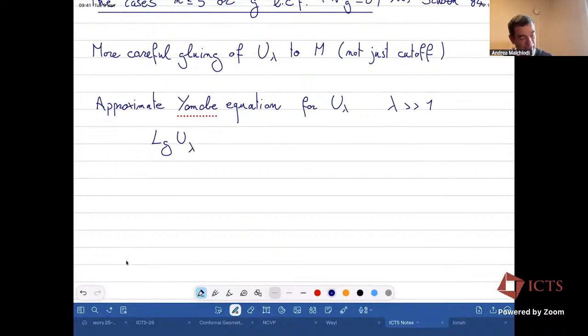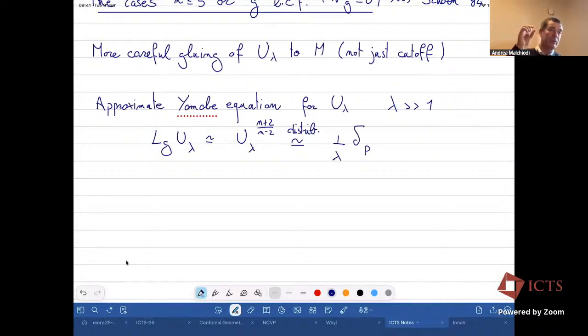Then L_g of u_lambda is close in some sense to u_lambda to the (n+2)/(n-2). So distributionally, you can check it via a change of variables, this behaves like 1 over lambda times the Dirac mass at the point P. Okay, not like a Dirac delta, but a Dirac delta times a small multiple.